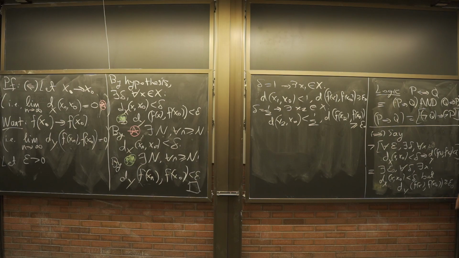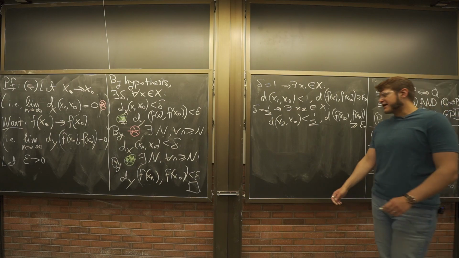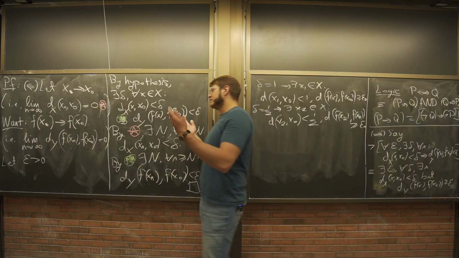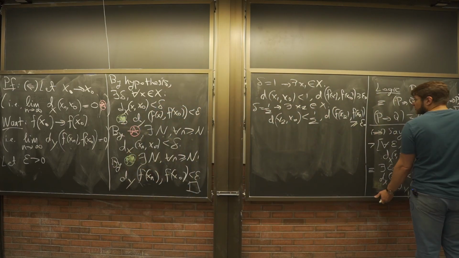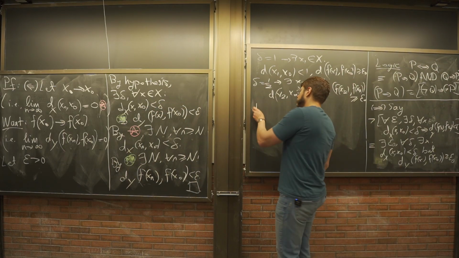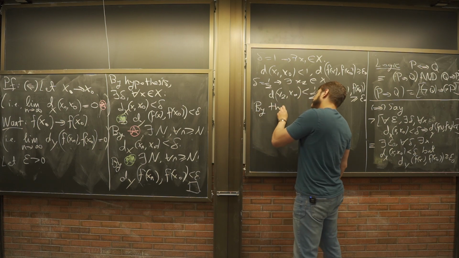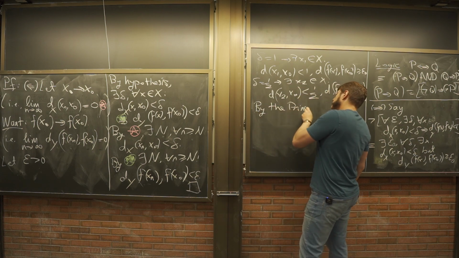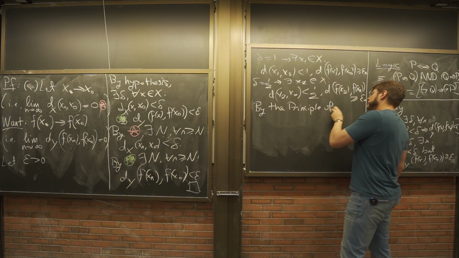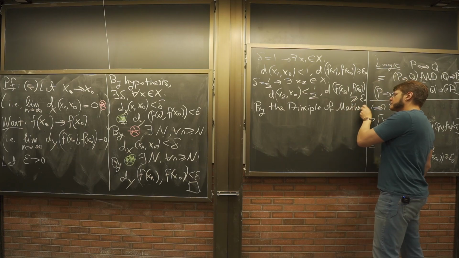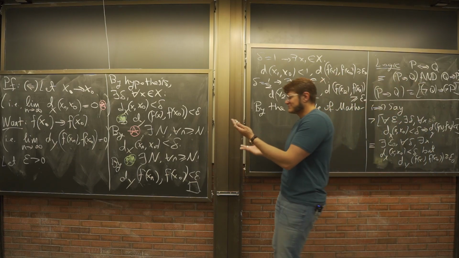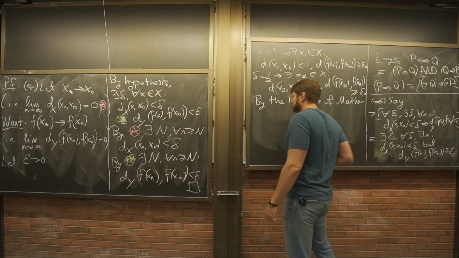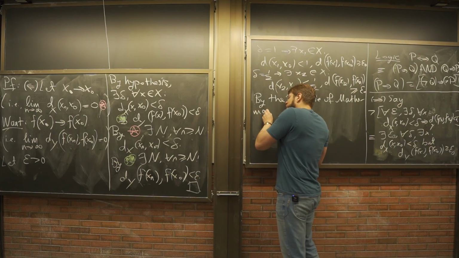You keep going like this. By the principle of mathematical induction, this gives you a well-defined sequence in X that converges to x0. You never write this, by the way. We're using induction here, whatever, in regular speech. I'm just doing it once for once.